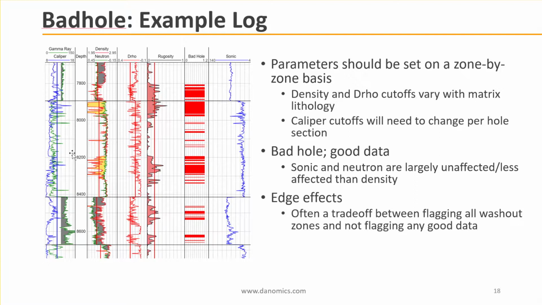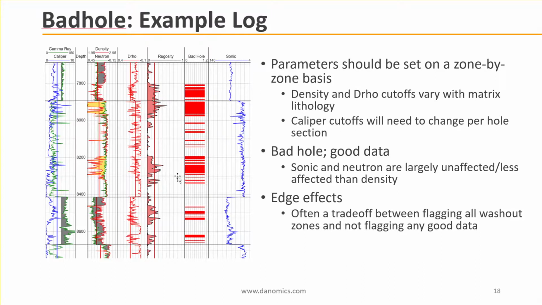They're going to have different bit sizes, etc. So a 10-inch caliper reading in one well may be perfectly in gauge, while in another well it may be severely washed out. So we need to either use bit size as part of our analysis, or maybe use other indicators like the D-row or rugosity curve, for example.